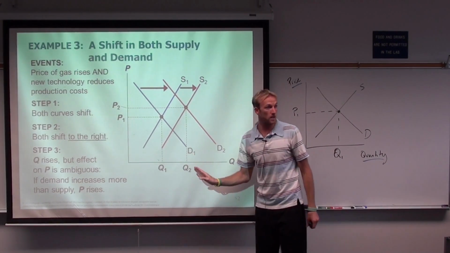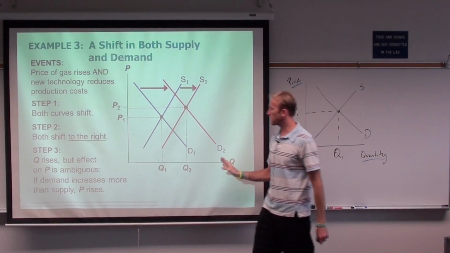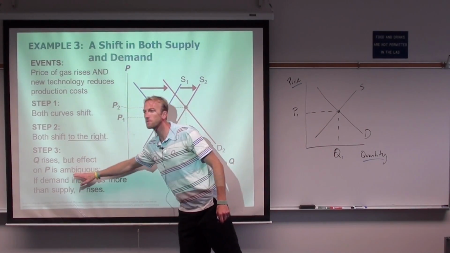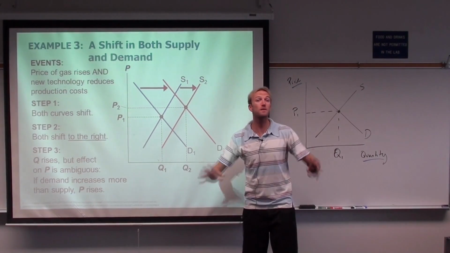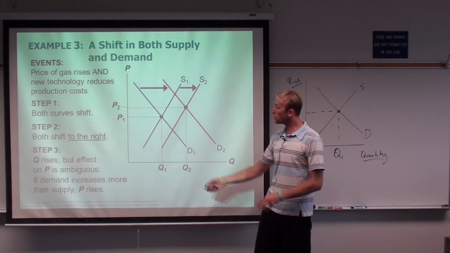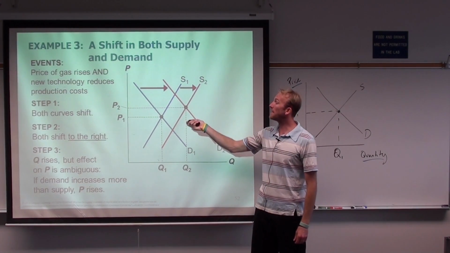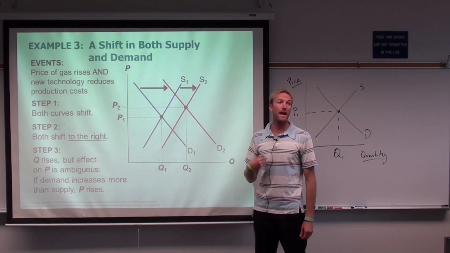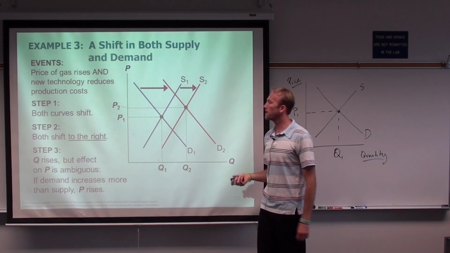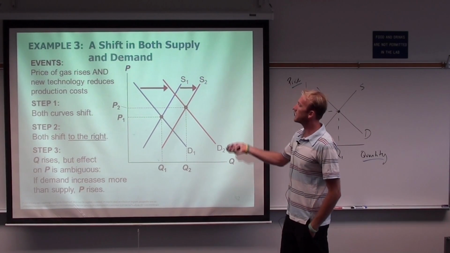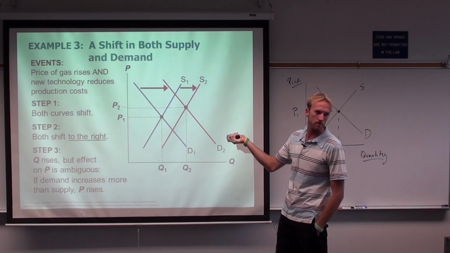You guys have heard the word ambiguous before? Ambi meaning both, right? So it could be either. So if it's unambiguous, it means it's clear, right? So Q clearly increases. But the effect on P, we call that ambiguous, right? Ambiguous, because it just depends on how I draw the graph, right?